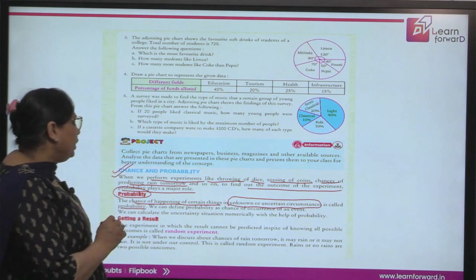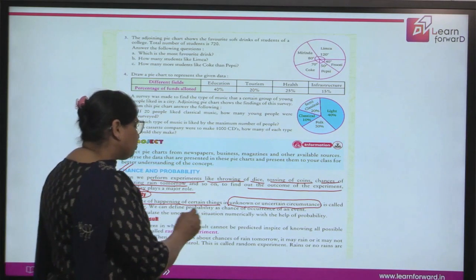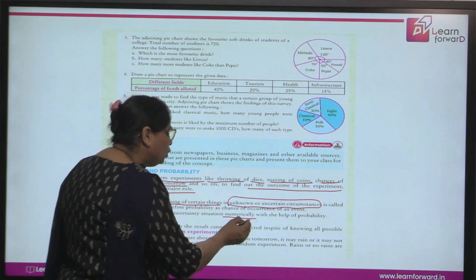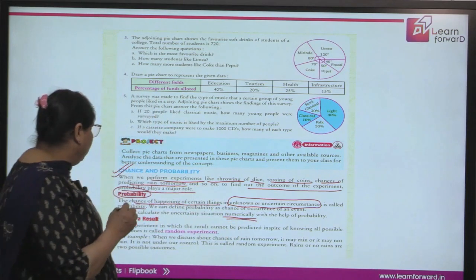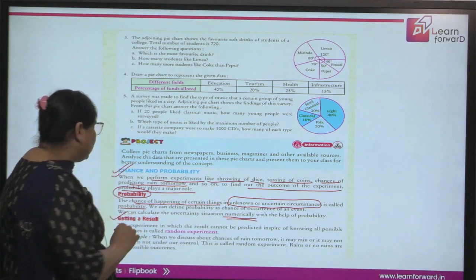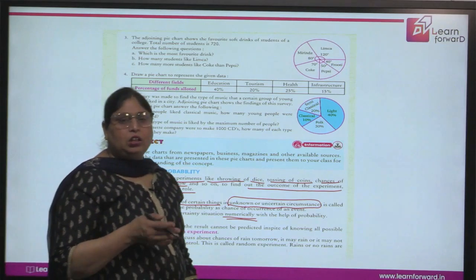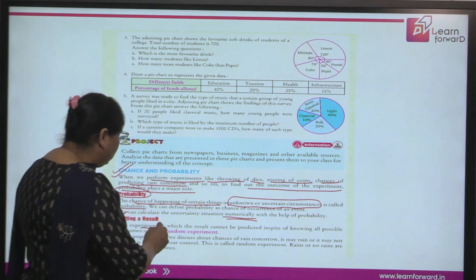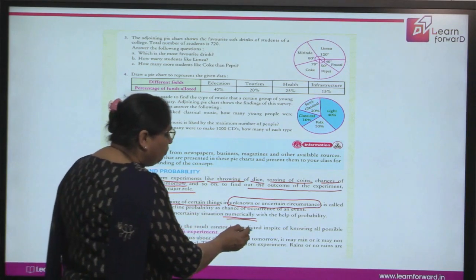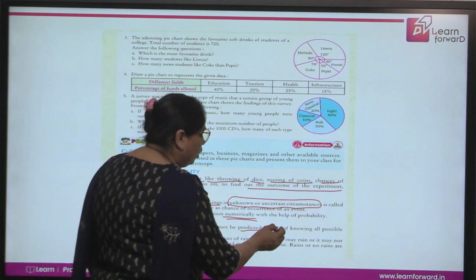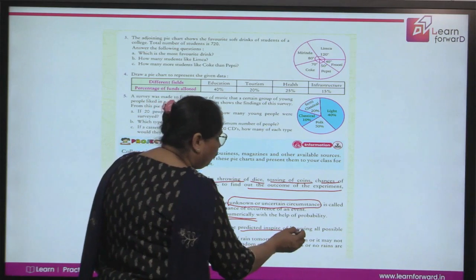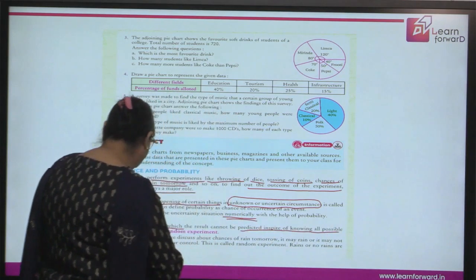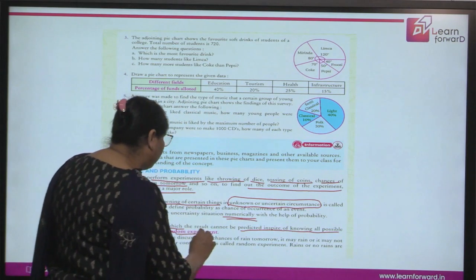We can solve probability numerically. Getting a result, what is that in probability? An experiment in which the result cannot be predicted, in spite of knowing all the possible outcomes, is called a random experiment.